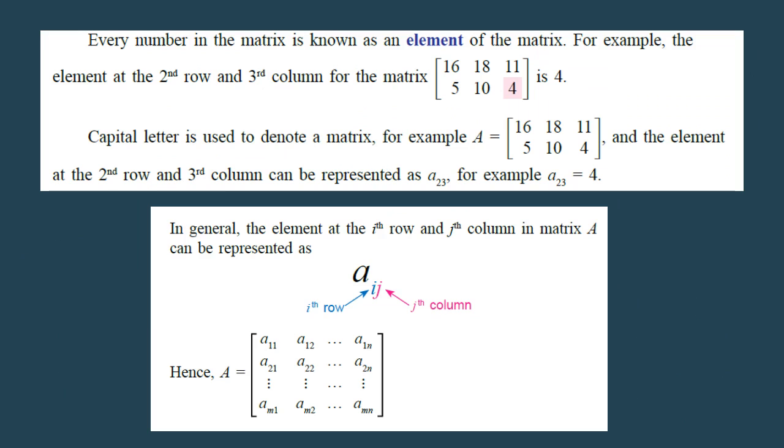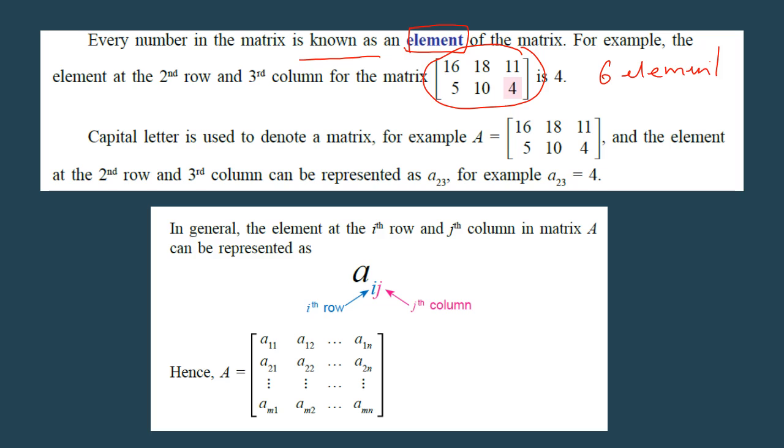And then now we go to element. Every number in the matrix is known as an element. So for example, if this is your matrix, you have how many elements? You have 6 elements.